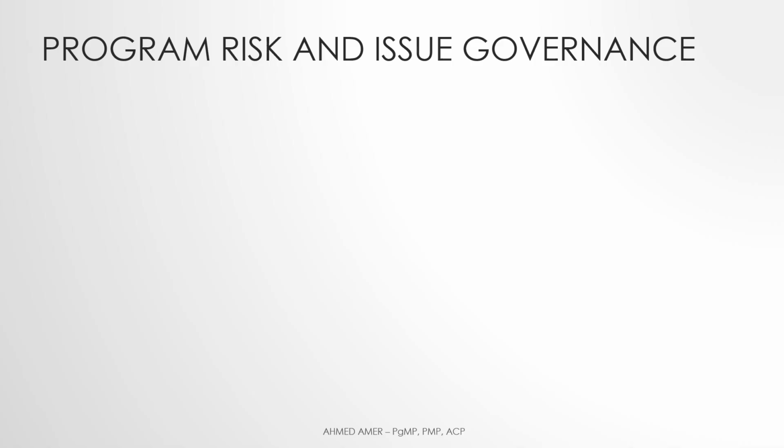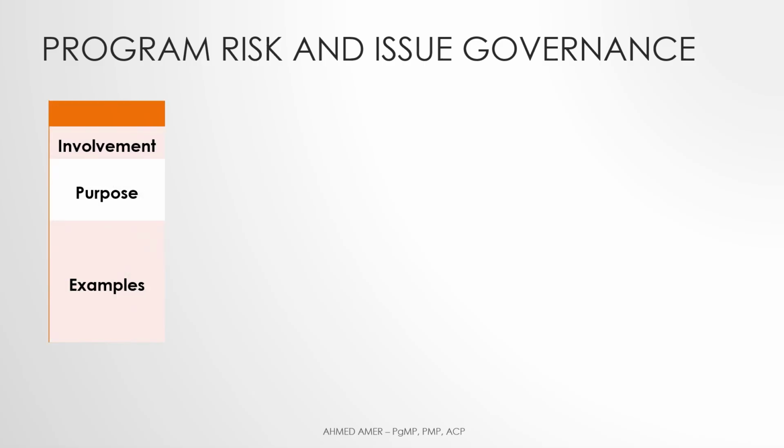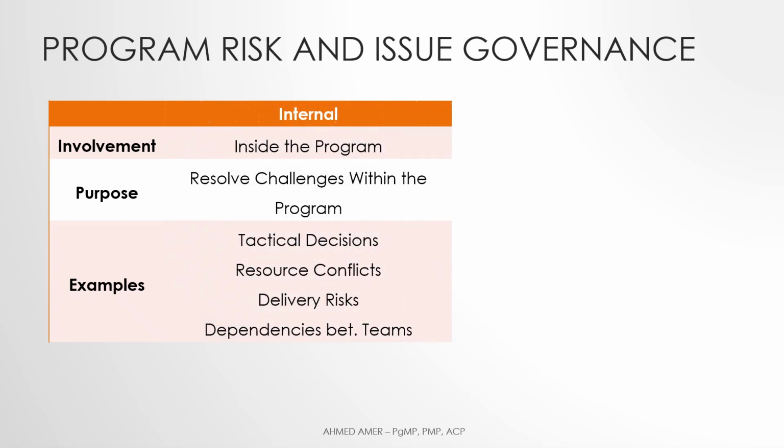The Risks and Issues Governance Framework is the rules for managing risks and issues. The governance framework helps make sure critical issues are escalated quickly and dealt with on time. There are usually two levels of escalation. Internal, which is inside the program among component teams, the program management team, and the program steering committee.